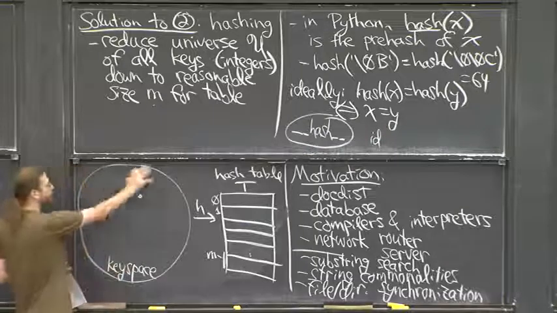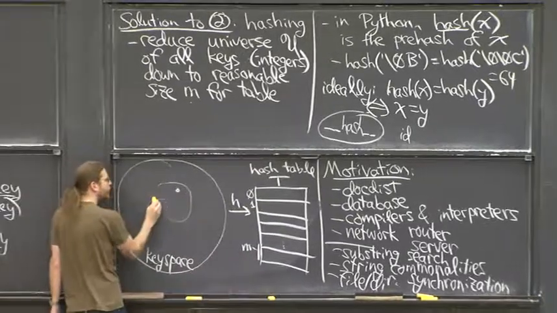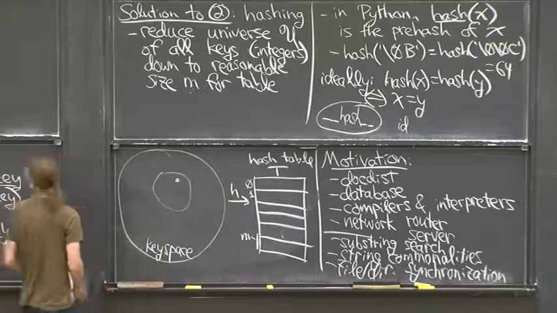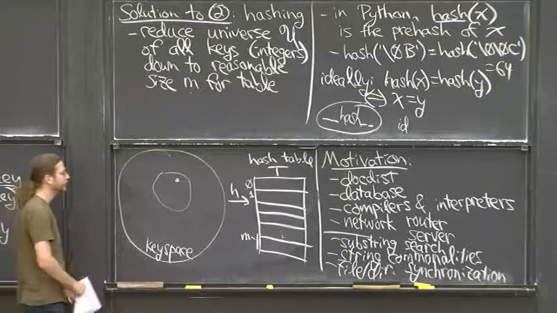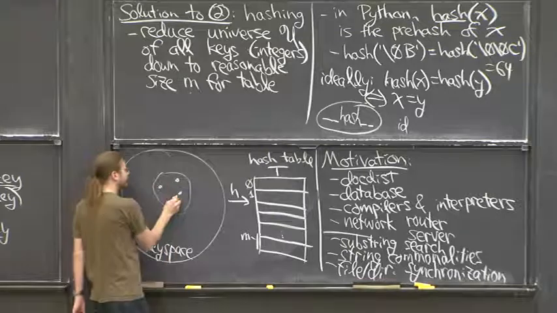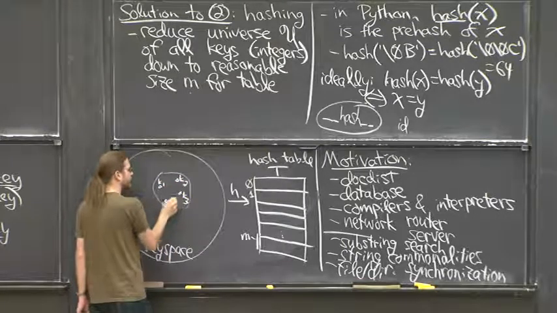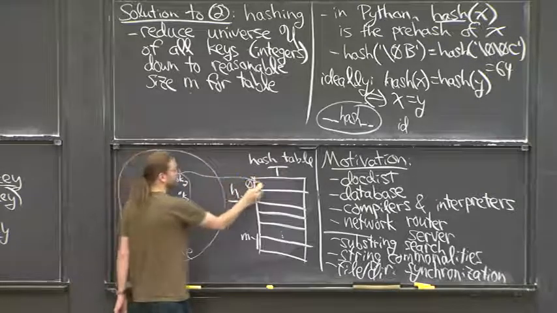All right, so there's the giant space of all possible keys. But then there's a subset of keys that are actually stored in this set, in this dictionary. At any moment in time, there's some set of keys that are present. That set changes, but at any moment, there's some keys that are actually there. K1, K2, K3, K4. I'd like to map them to positions in this table.